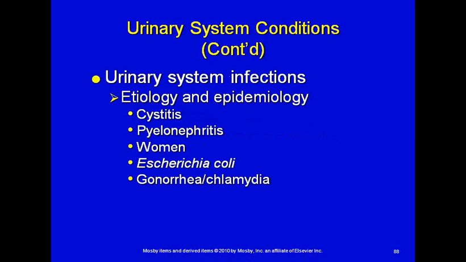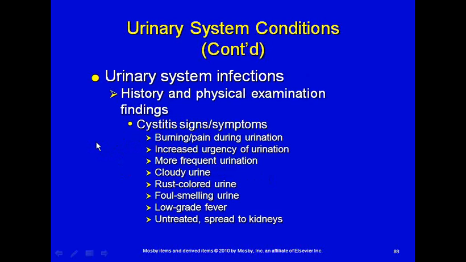Urinary system infections like cystitis and pyelonephritis are more common in women, and may also be the result of an E. coli, and gonorrhea and chlamydia are both urinary system infections as well.